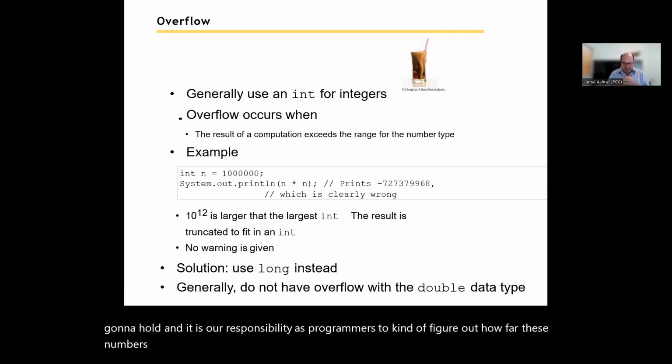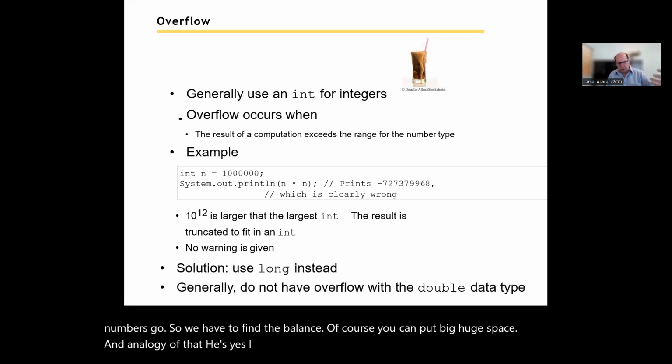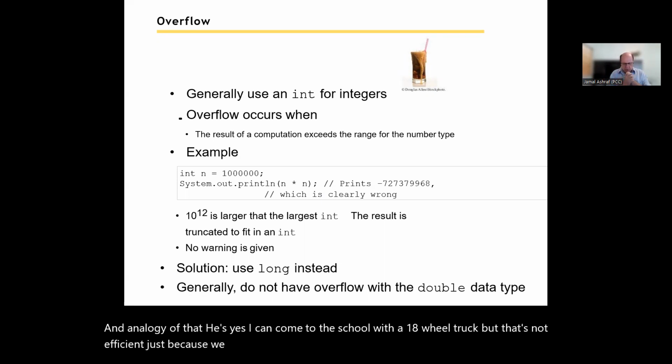So we have to find a balance. Of course, you can put in a big, huge space. The analogy is, yes, I can come to the school with an 18-wheel truck, but that's not efficient. Just because we can use bigger storage doesn't mean it's going to be efficient.